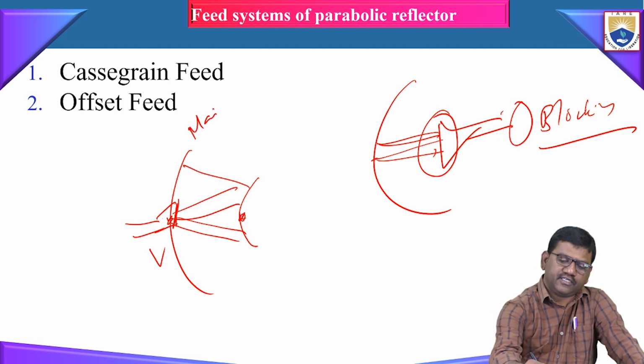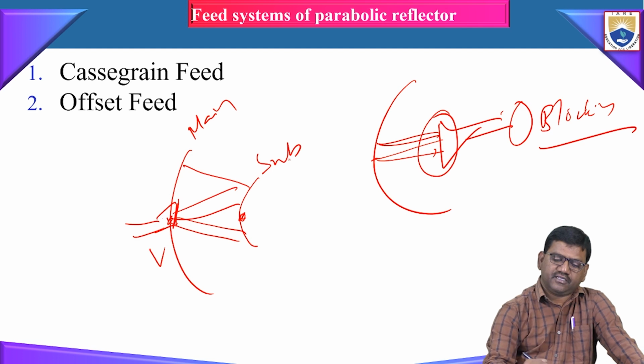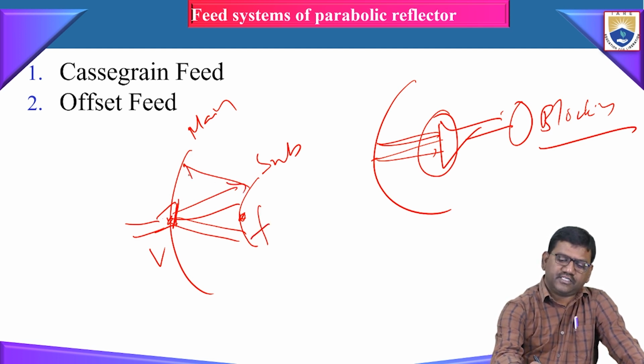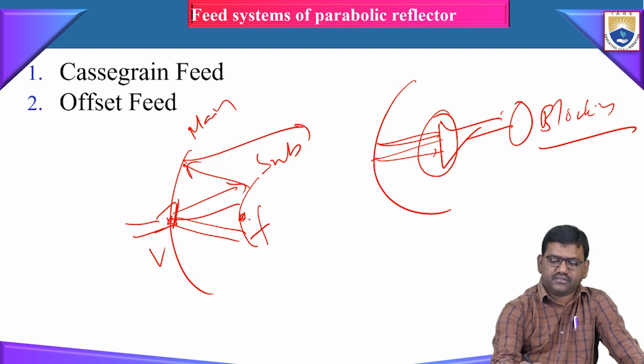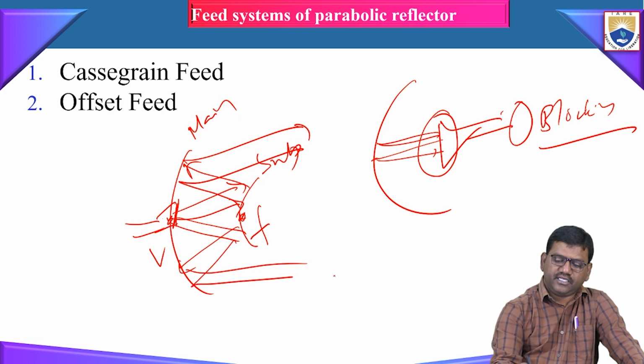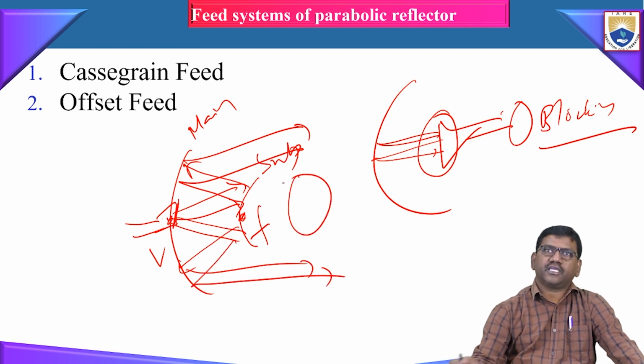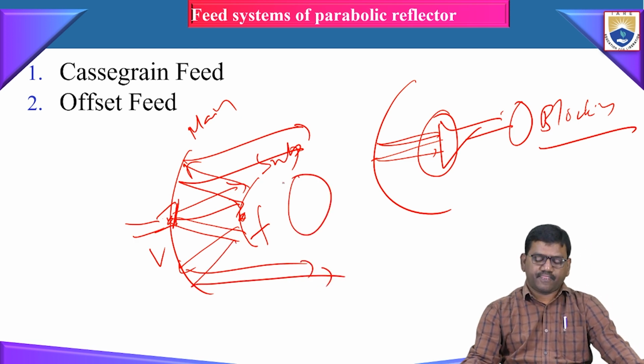This is the main reflector, this is the subreflector, and this is the focal point. Two reflections happen in this technique, so there is no blocking. Blocking can be overcome by the Cassegrain feed system.